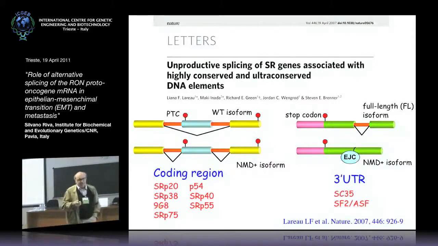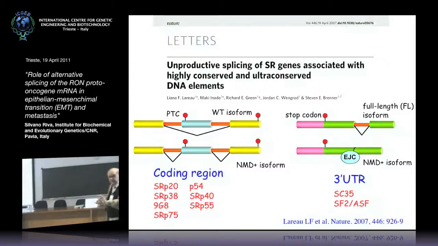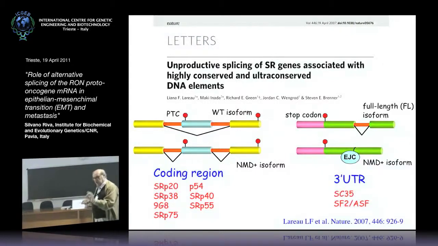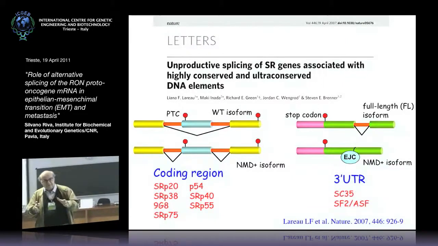It turns out that these splicing factors, many splicing factors of the SR type, so there is a family of splicing factors to which SF2 belongs, have in the 3' non-coding region an intron, which normally is not removed, is included, okay?